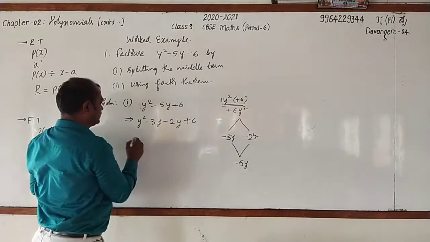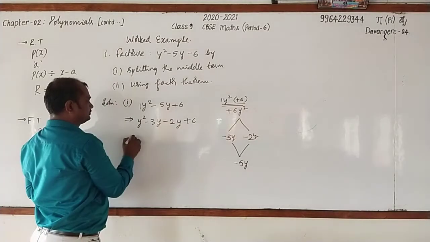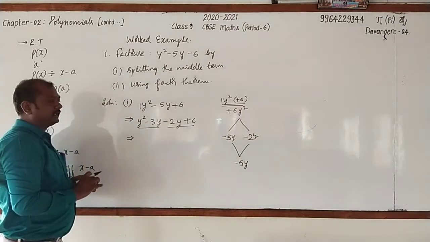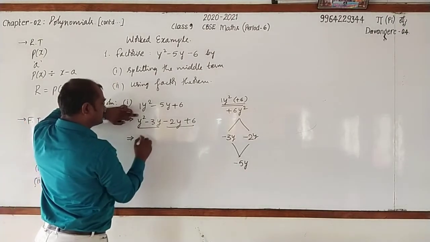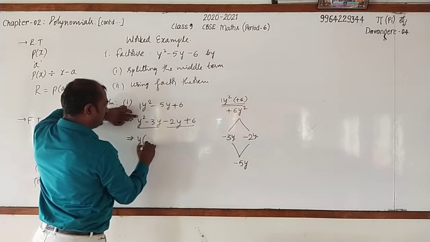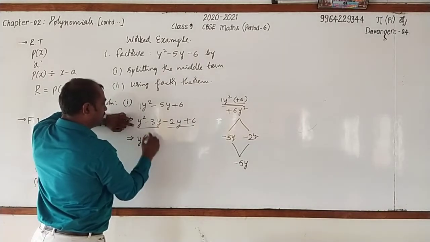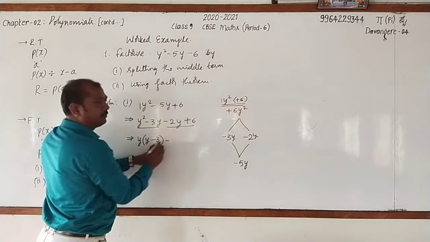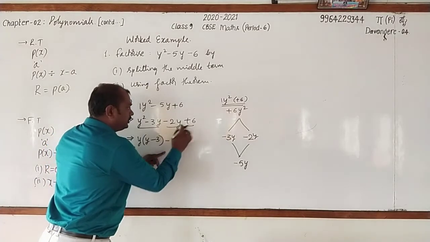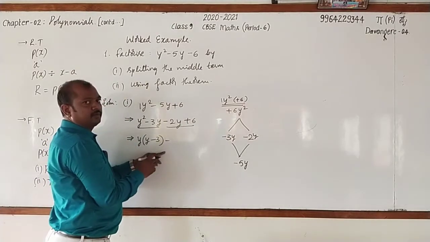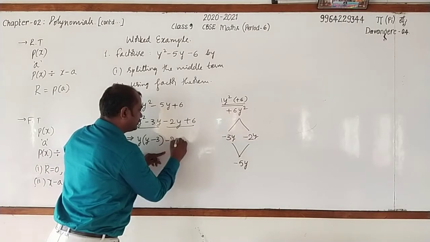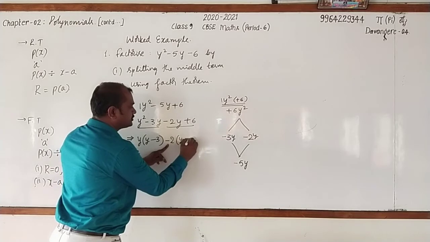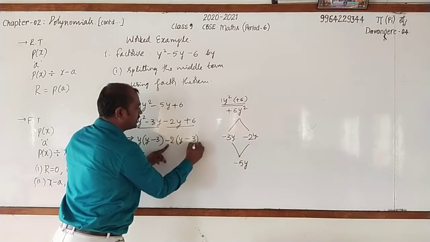That is the constant. It implies that here, group them by taking two terms. Y square minus 3y. What is the common factor here? Y. Y into y minus 3. Now minus 2y plus 6, here 2 and 6 are multiples of 2. Hence I can take minus 2 as the common factor. Minus 2 into y minus 3, since minus 2 threes are minus 6.